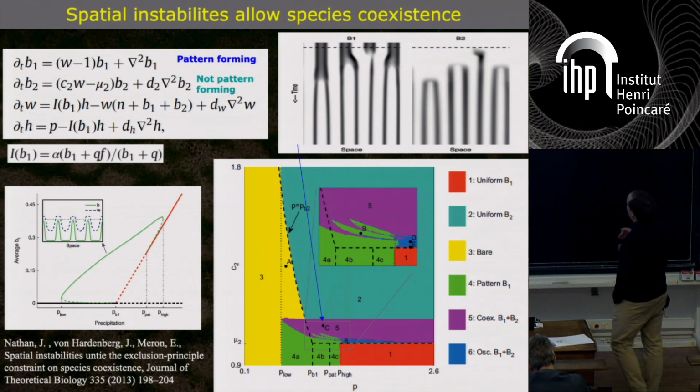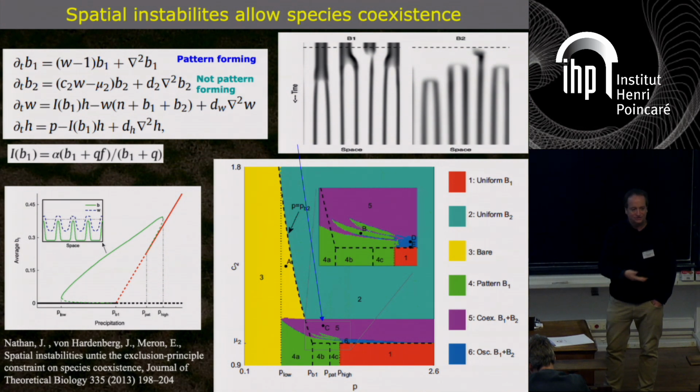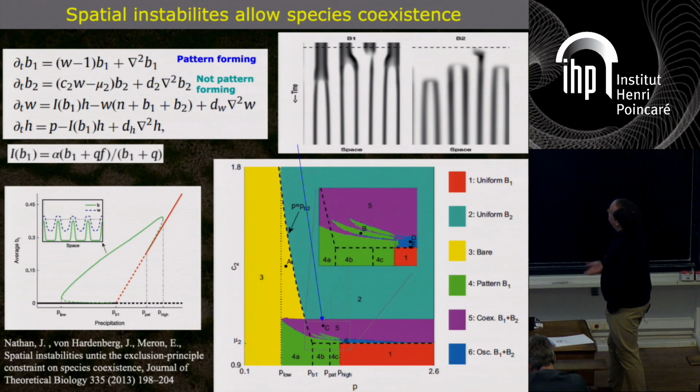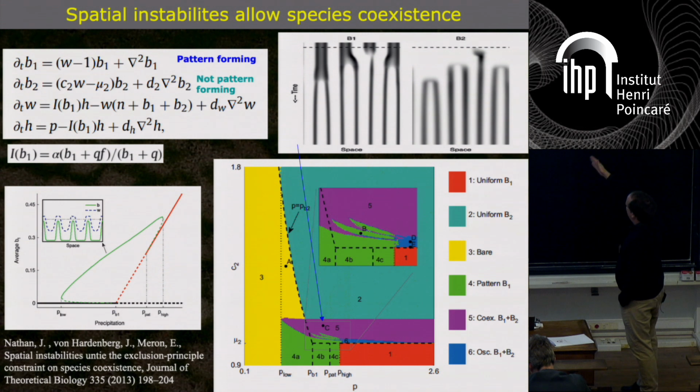Since B1 is forming a pattern, even if B2 is not a pattern-forming species, it will form a pattern as a consequence, because it's following the soil water given by B1. And more interestingly, you can have a transition to even oscillatory solutions in a thin but actually quite wide range in precipitation. It's the blue band you see over there.